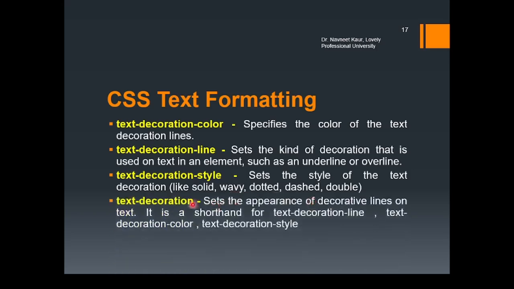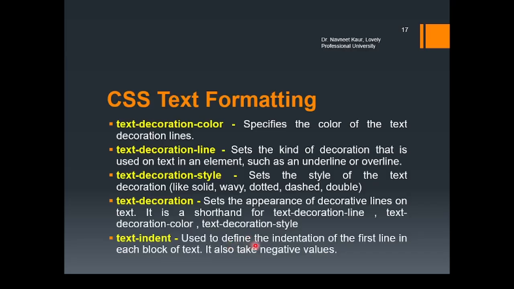Then we have text decoration, which is a shorthand property for the above three. So this will be able to set the appearance of decorative lines on the text. It's a shorthand for text decoration line, color, and the style. Then we have text indent, used for defining the indentation of the first line in each block of text. And it can also take negative values.